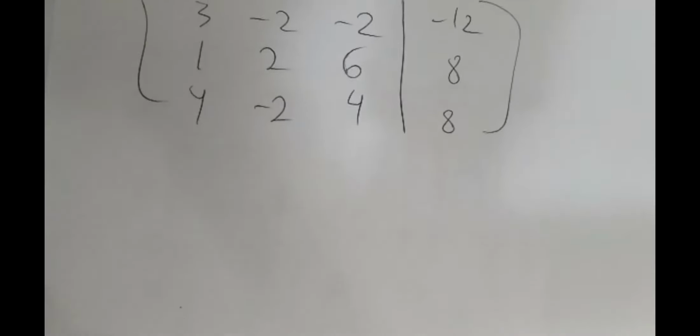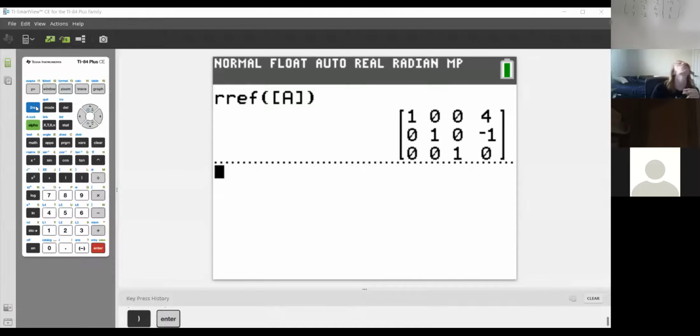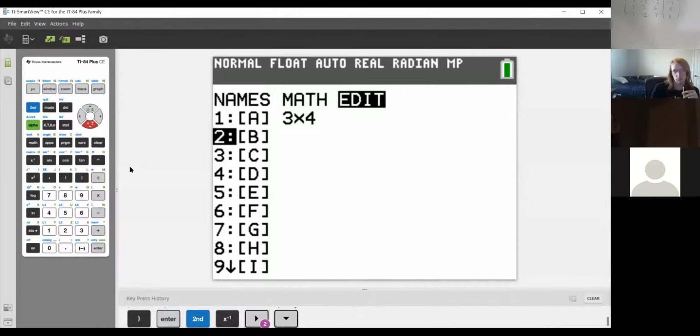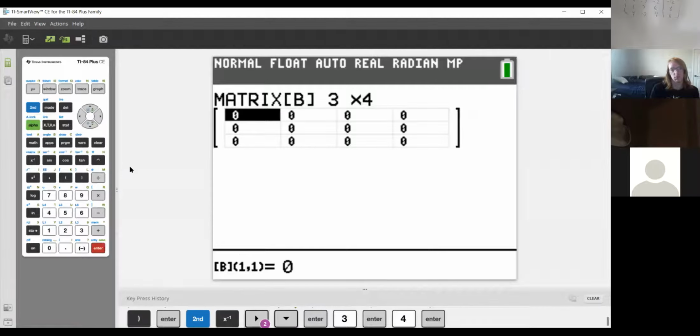So let me go back to share screen, share my TI Smart View, share. I didn't do this in my notes, but we have all these options. We can put it in matrix A, but I'm going to go with B on this one. I'm putting this into matrix B. This is 3, negative 2, negative 2.